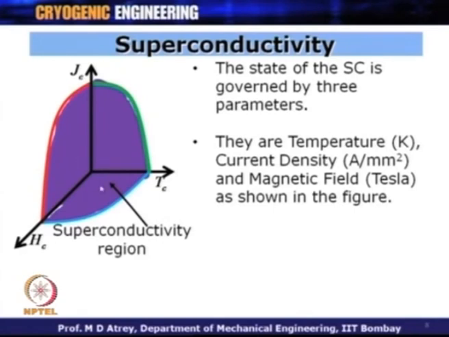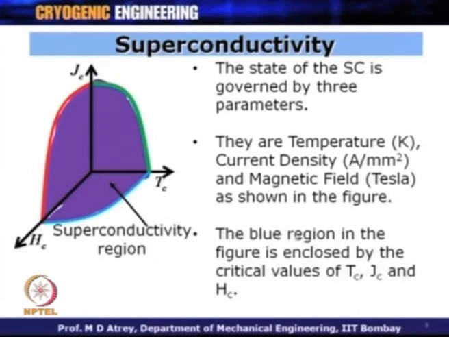It will not show the superconductivity phenomena anymore, and therefore, the superconductivity phenomena is shown as long as the temperature is less than Tc, the current density is less than Jc, and the magnetic field is less than Hc, which are all the 3 critical parameters, so that the material remains in superconducting state.